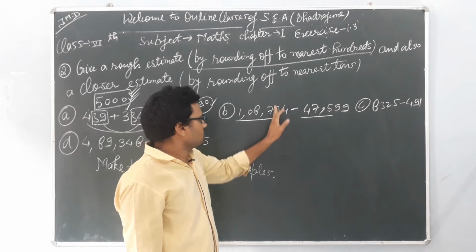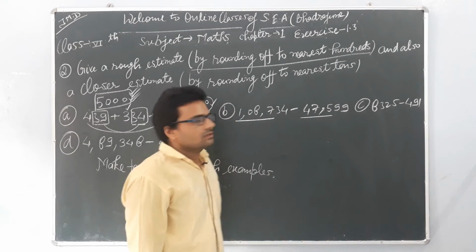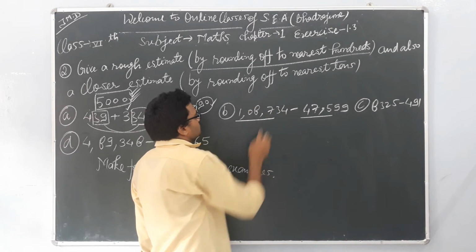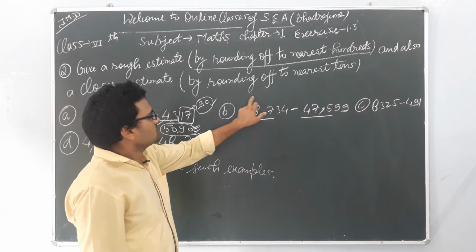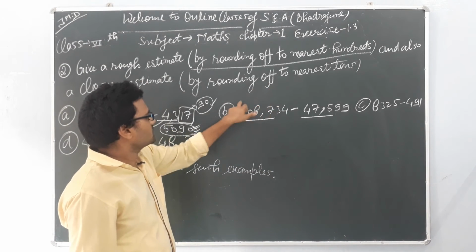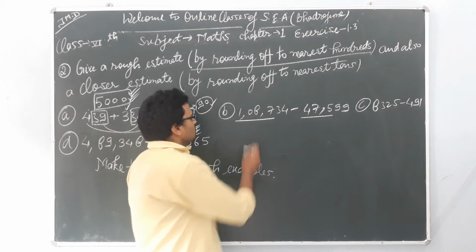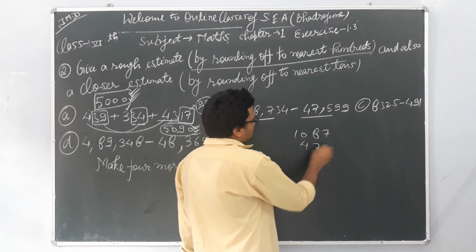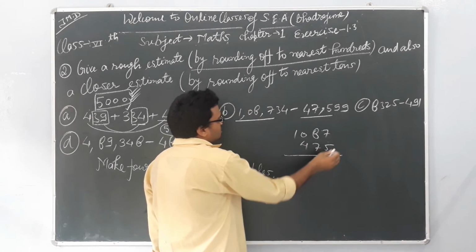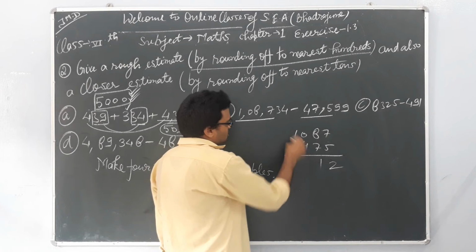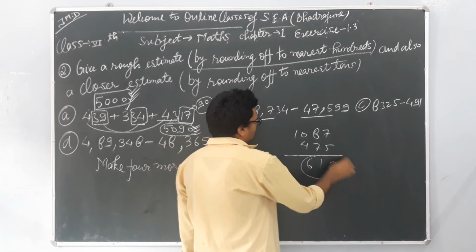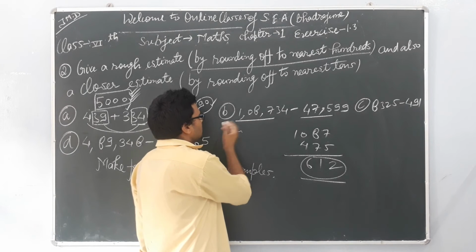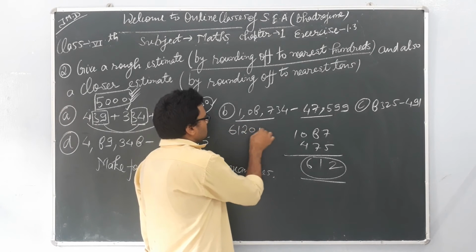If we subtract 475 from 1087, 7 minus 5 is 2, 8 minus 7 is 1, 10 minus 4 is 6. This is our 612. So we get 612 hundreds.